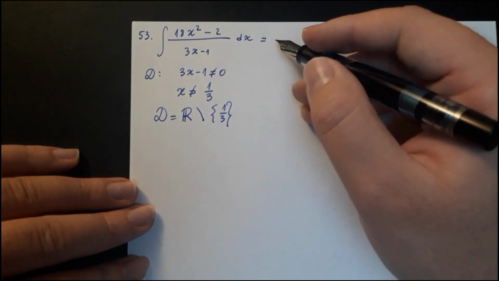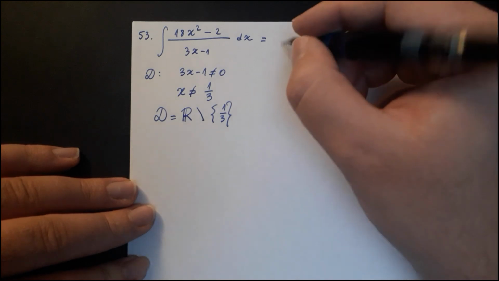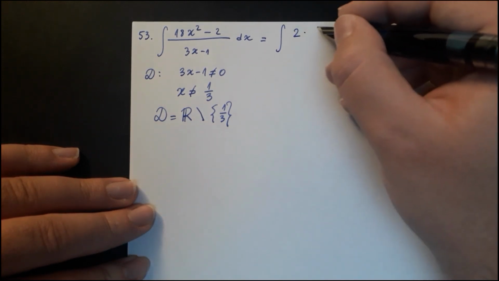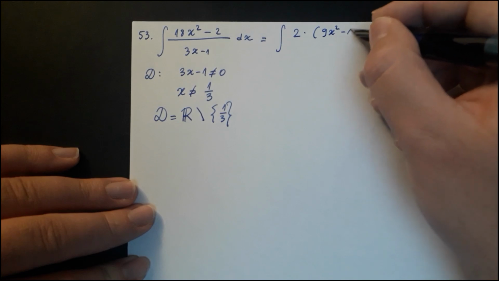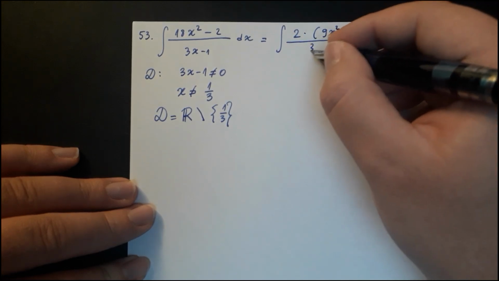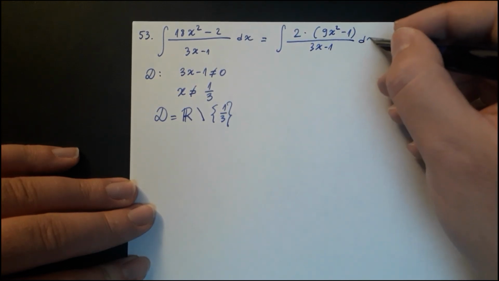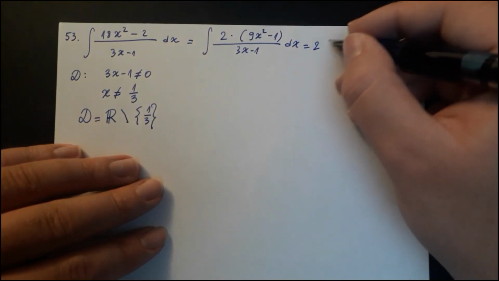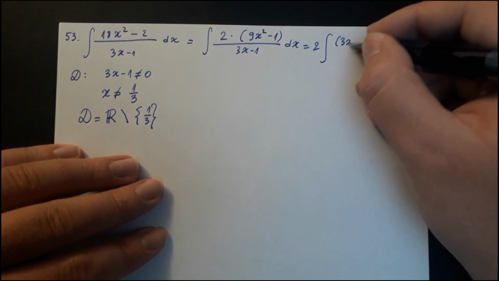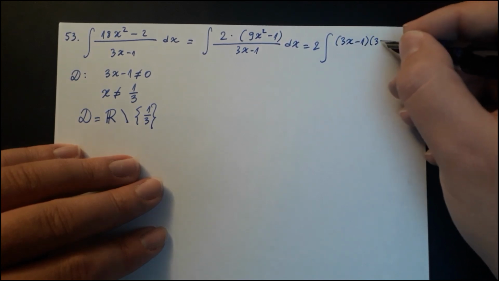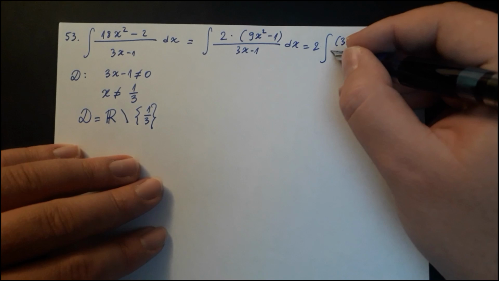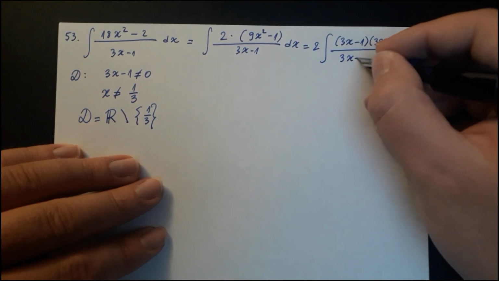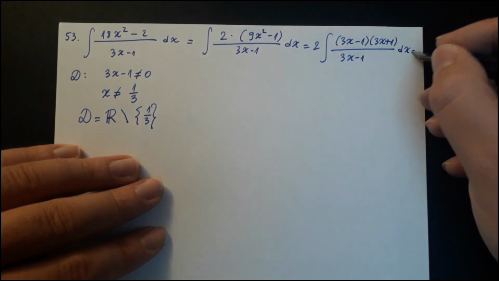And this integral can be written as an integral of 2 times 9x squared minus 1 divided by 3x minus 1 dx, which makes it equal to 2 integrals of 3x minus 1 times 3x plus 1 divided by 3x minus 1 dx.